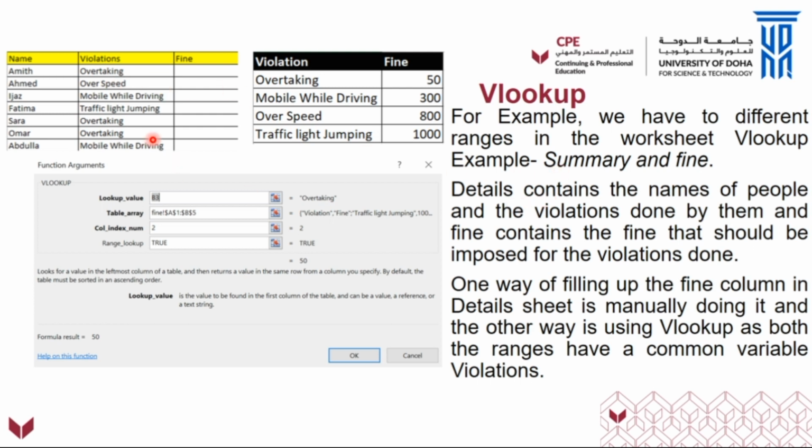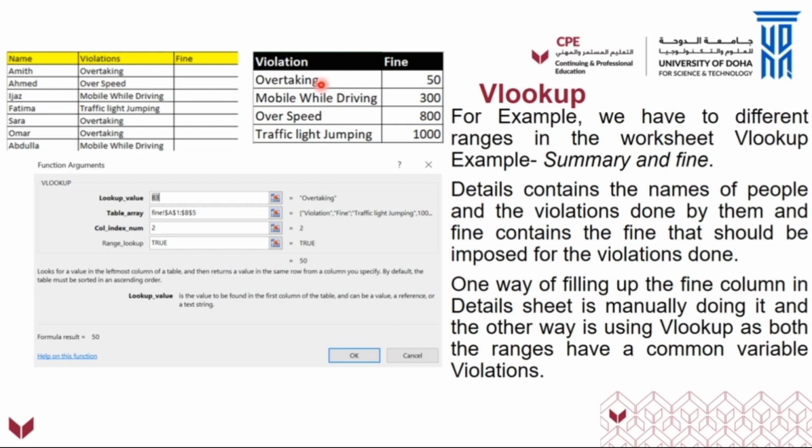This is the summary. Details contains the names of people and the violations done by them. And then there is another sheet, fine, which contains the fine to be imposed based on the violation.